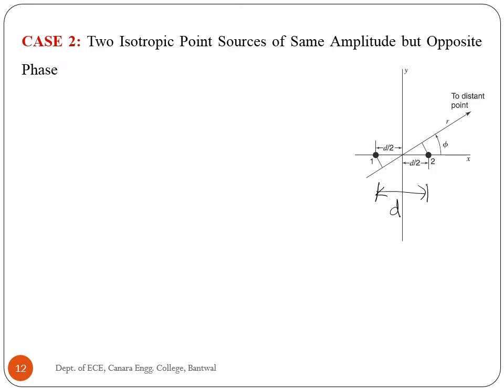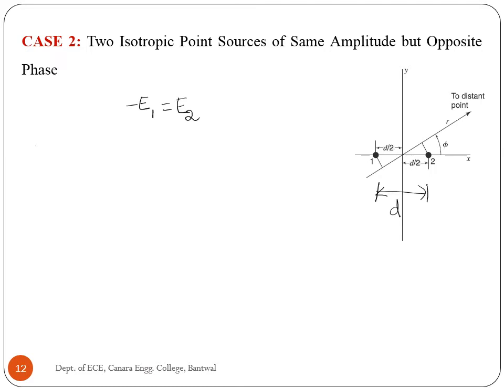Their amplitudes are equal and phases are opposite to each other. Therefore, minus E1 equal to E2. The phase are opposite means when source 1 reaches maximum, then source 2 is at its minimum.